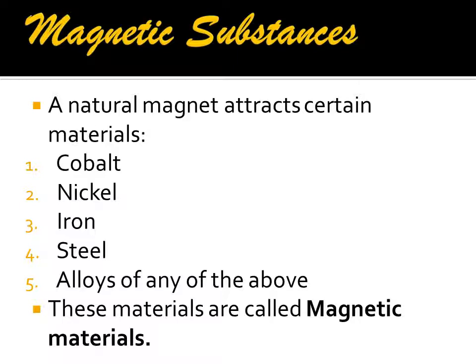These materials are called magnetic materials. Why are these termed magnetic materials? Because they have the property to attract metals like cobalt, nickel, iron and steel. So this was all about magnets, types of magnets, artificial magnets, natural magnets, and in our next discussion we will talk about other forms of magnets.